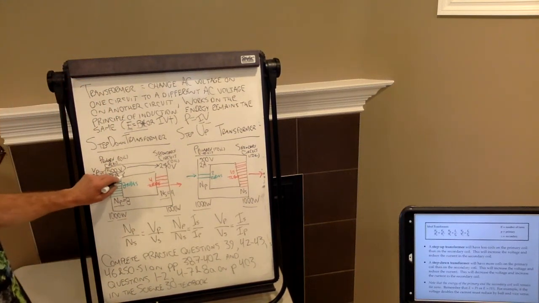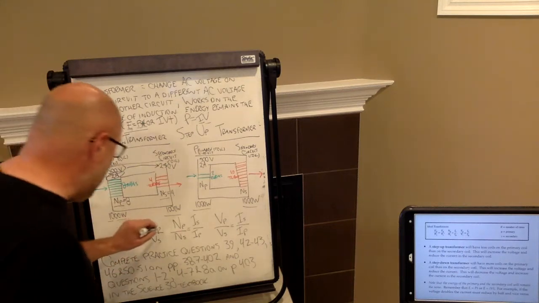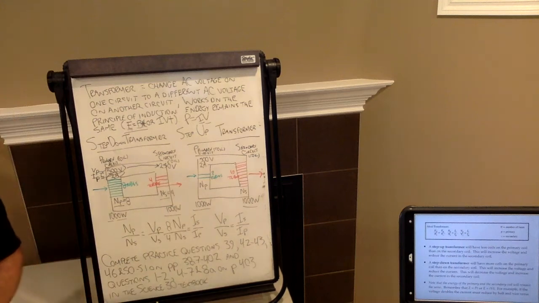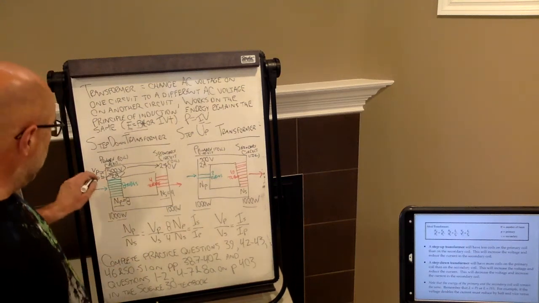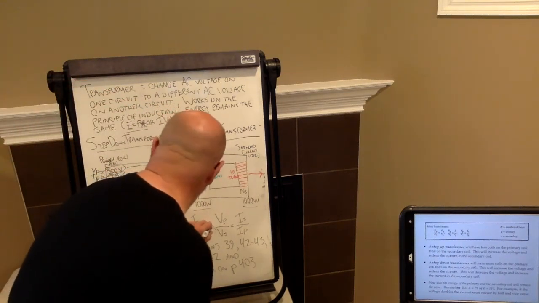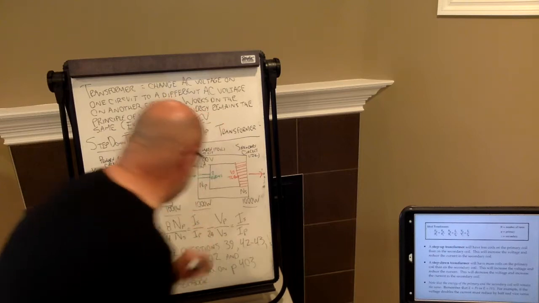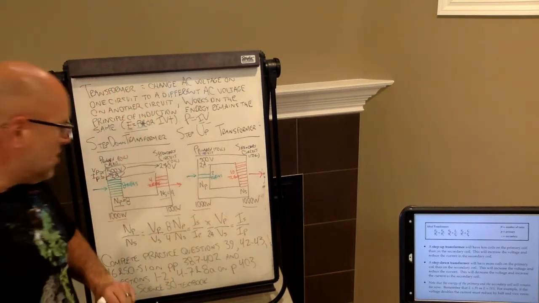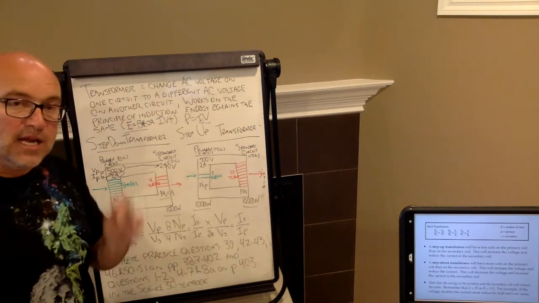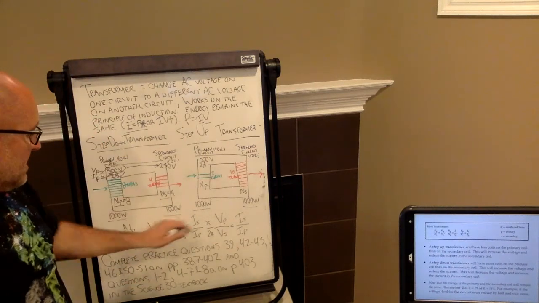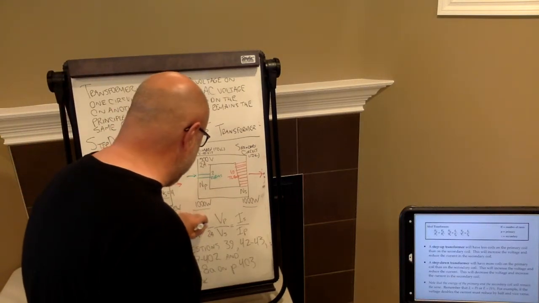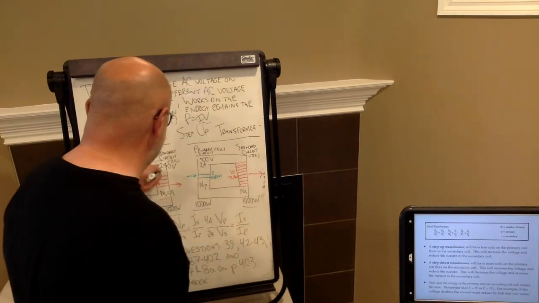So here's my IP, which is 2 amps. I know my NP is 8. My NS is 4. My IP is 2 amps on the bottom. So I have my variable on the top, which I don't know, which is my current on my secondary coil. So I'm going to take 8 times 2 is 16 divided by 4. That should give me a variable of 4 amps.